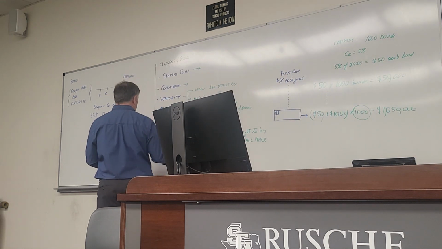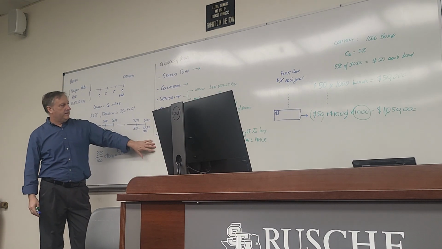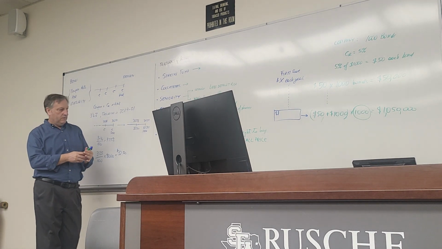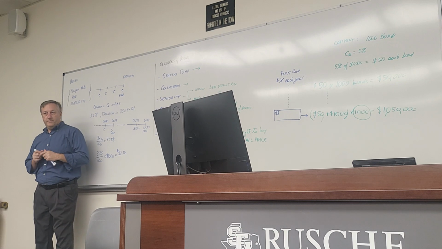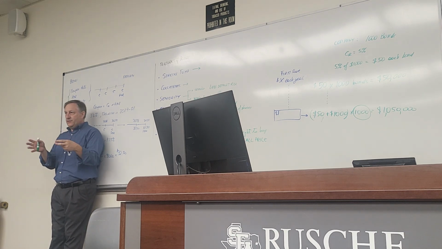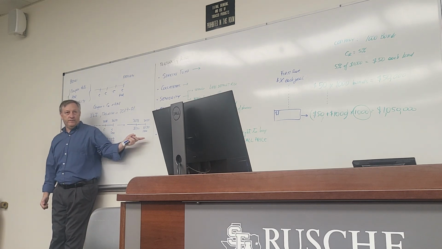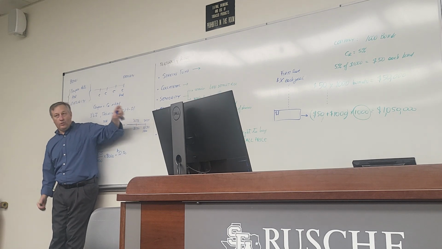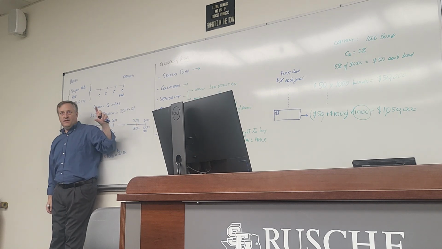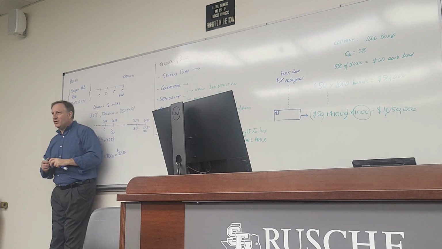So how do investors reflect the fact that they like some of those features? They're willing to pay a premium for it. So any feature that is beneficial to investors will, holding everything else constant, give the bond a little bit higher price.